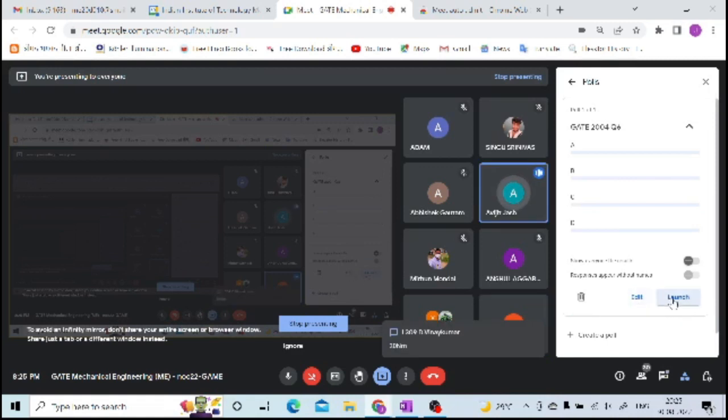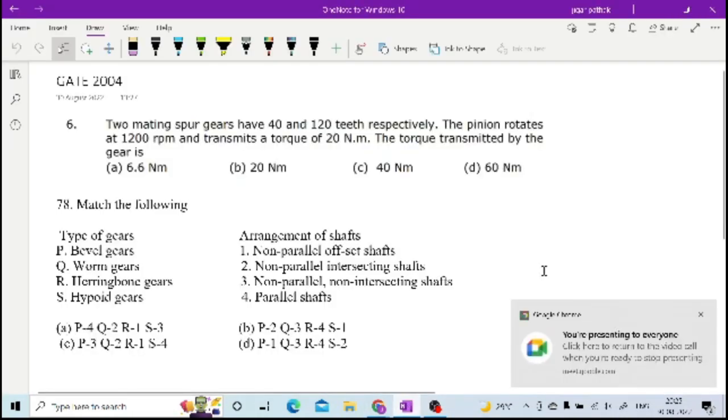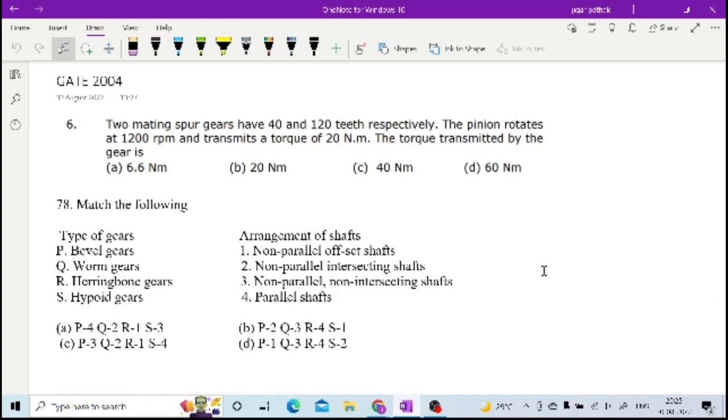It would be 60, sir. 60. Okay. So can you see that poll? Yeah, poll is visible, but could you please show me the options? Option D is the correct one.